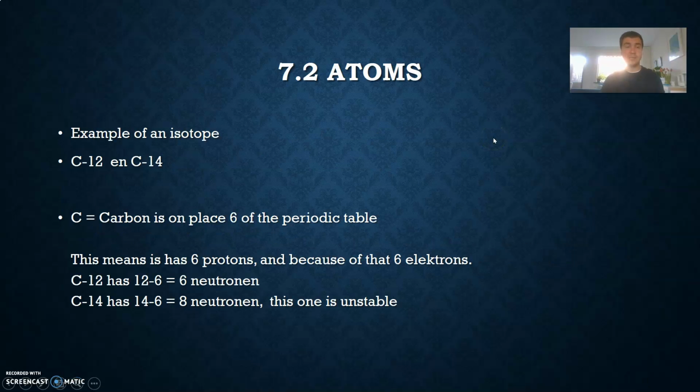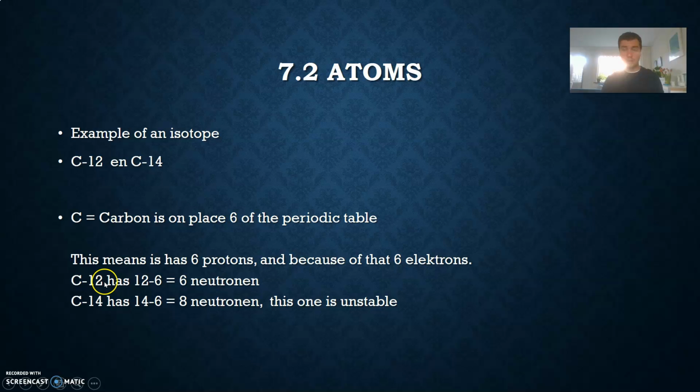For instance, an example of an isotope: carbon 12 and carbon 14. C is carbon, and it's on place 6 on the periodic table. This means it has 6 protons, and because of that it has 6 electrons, electrically neutral, 6 positively charged and 6 negatively charged. The amount of protons plus the amount of neutrons is equal to the mass.